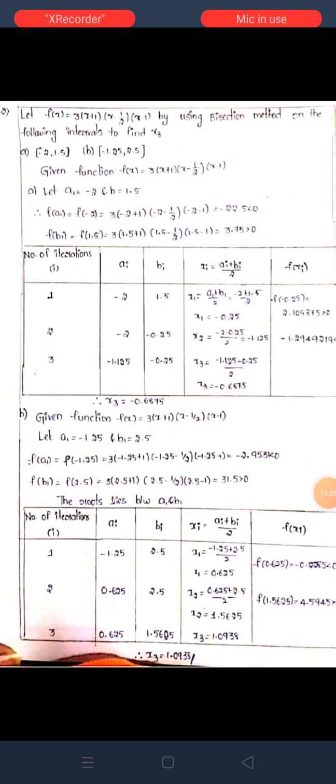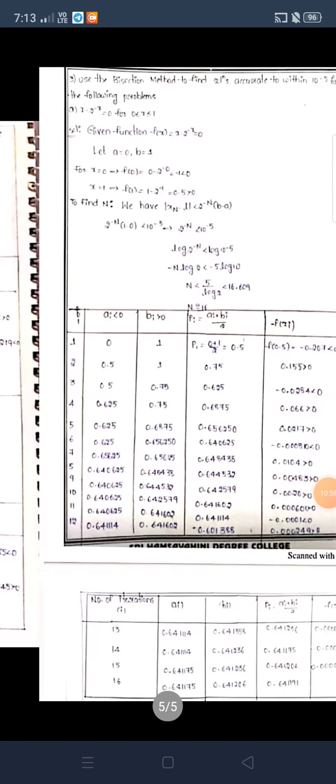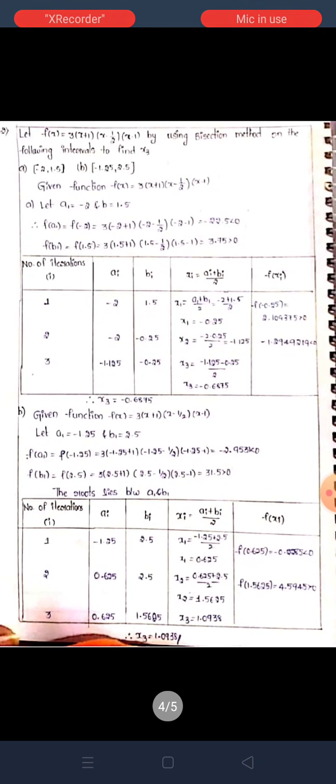Next problem. Given function f of x is equal to 3 into x plus 1 into x minus 1 by 2 into x minus 1. Let a1 is equal to minus 1.25 and b1 is equal to 2.5.